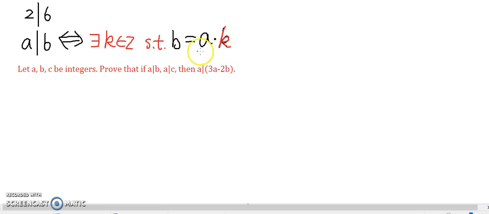This also tells us A goes into B K times. So that's the definition of A goes into B.